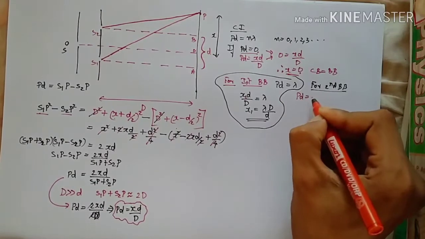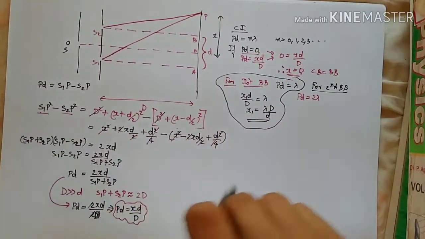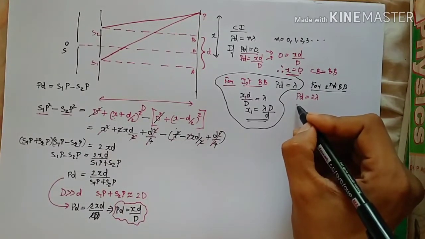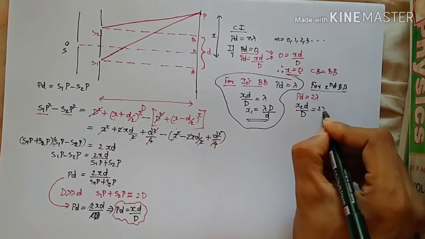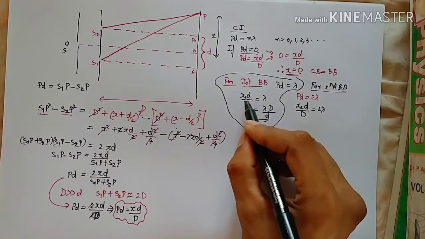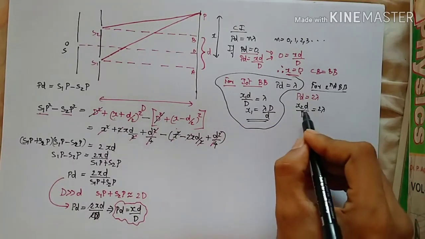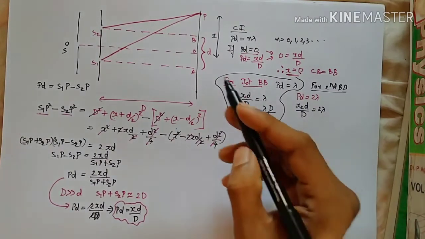The path difference should be, after λ, it should be 2λ. Then we could write x2d/D = 2λ. Why did I write x2? Initially we gave x1, and now x2. Who's x2? x2 is the distance from the central band to the second bright band.